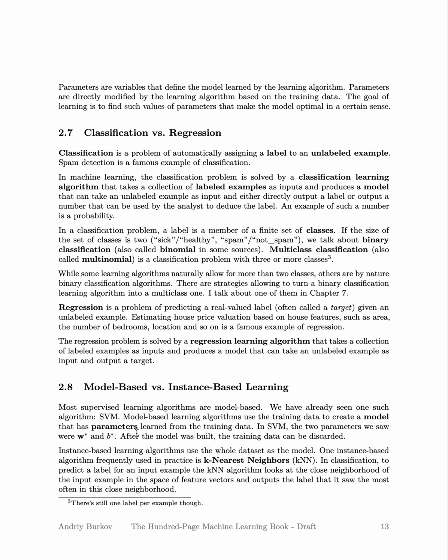But an instance based learning algorithm will use the whole data set as the model. For example, a popular method is k nearest neighbors. In k nearest neighbors, you need to predict a label for an input example. How do you predict this label? You predict it based on how close it is to a cluster of other examples.